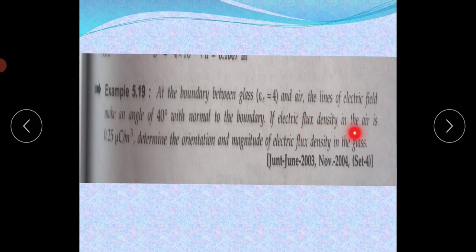If electric flux density in the air is 0.25 microcoulombs per meter cube. So in air, the electric flux density and angle are given. Now we have to find in glass the electric flux density value and angle value. So now we have to find the electric flux density and angle in the other dielectric material.